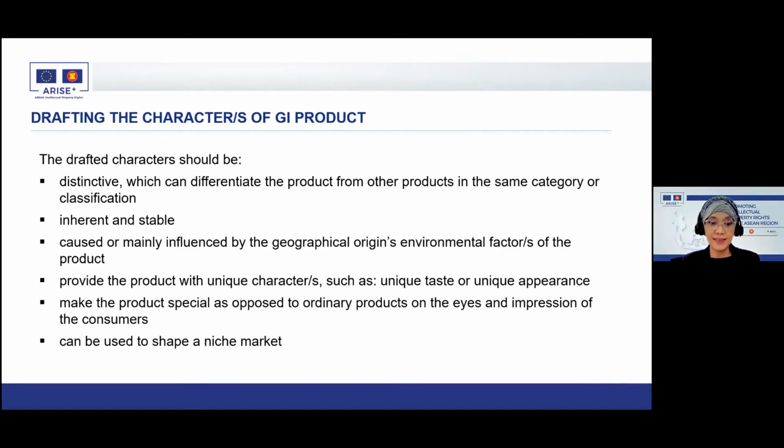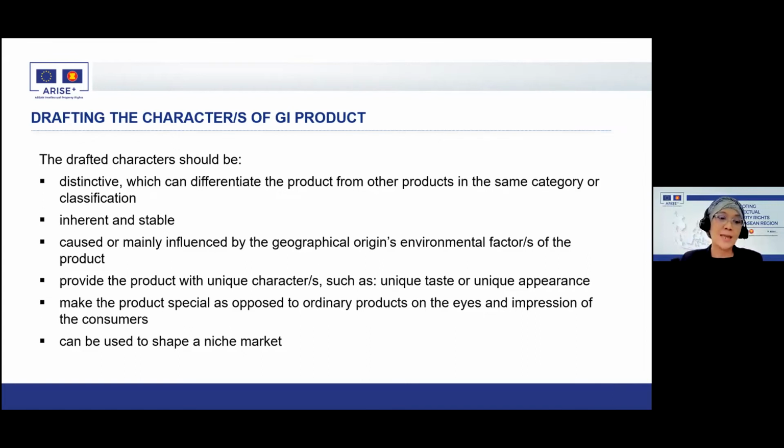So how to test that this is special? We can compare the GI specialty with the ordinary products in the same classifications on the eye of the consumers, not the eye of the producers. Of course, all producers of GI will say that my products are special, but how do the consumers view them?